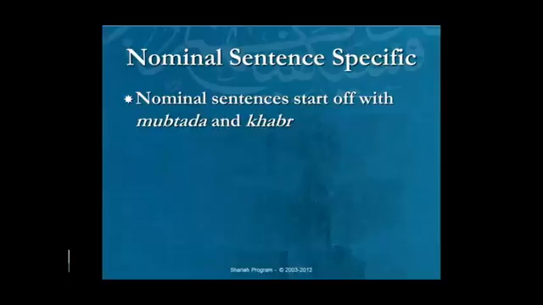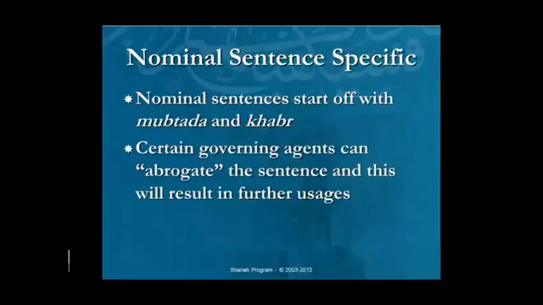Okay, there are certain governing agents that can come at the beginning of a nominal sentence, and they would influence the endings. They would induce change. So what was previously mubtada would no longer be mubtada, it would be called something else. And what was previously khabar would no longer be khabar, it would be called something else. And I'm going to have to leave this as a cliffhanger. I'm going to come back to this at the end of the presentation.